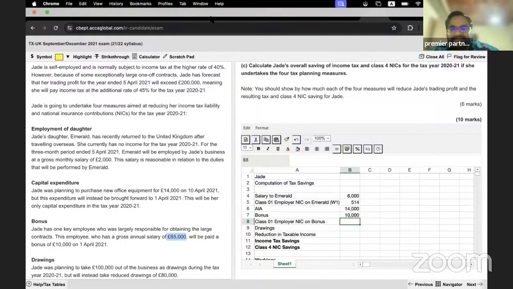We all agree on that? Right. So simply what I am going to do here is equal this 10,000 into 2%. That would be the impact. Correct. Above 50,271, the rate is 2%. So now this 10,000, I am going to multiply by 2%. Are we okay?